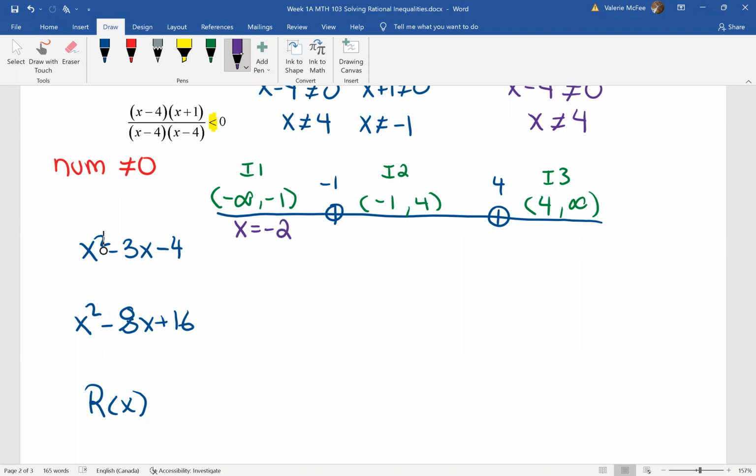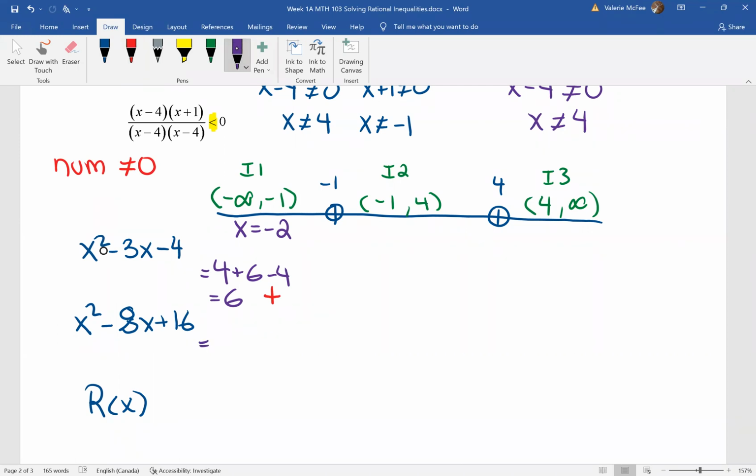Now we substitute that into our numerator. So -2 squared minus 3 times -2, this equals 6. But it doesn't matter what it equals. All that we care about is whether it's positive or negative.